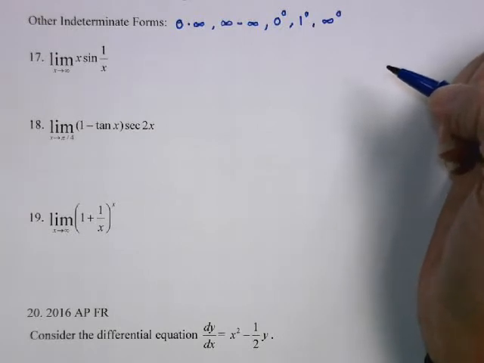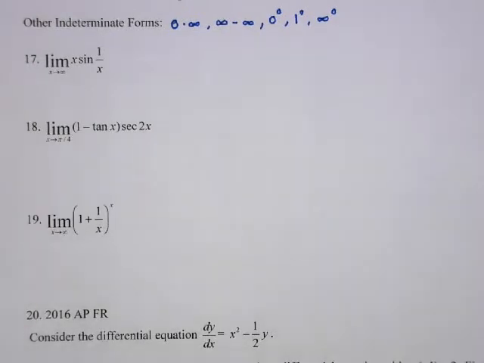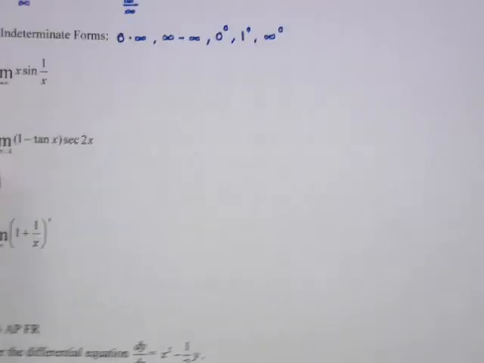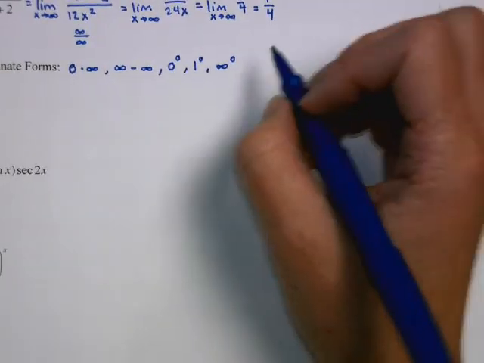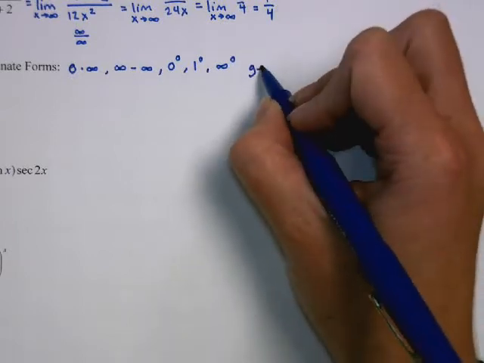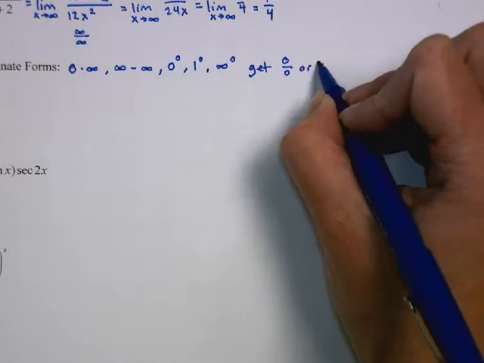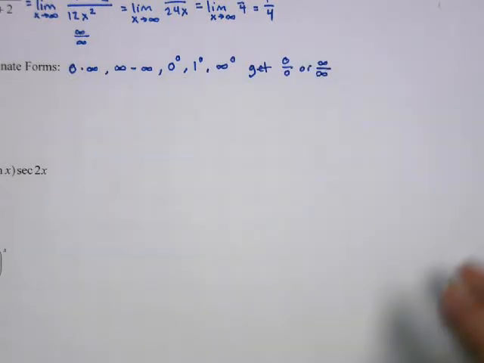These are not cases that will be on the AP test. So we'll do just a couple quick examples to show you how you would handle them. The way we are going to handle them is if you have one of these forms, we're going to use some algebraic stuff to get either 0 over 0 or infinity over infinity, because then we can use L'Hopital's rule.